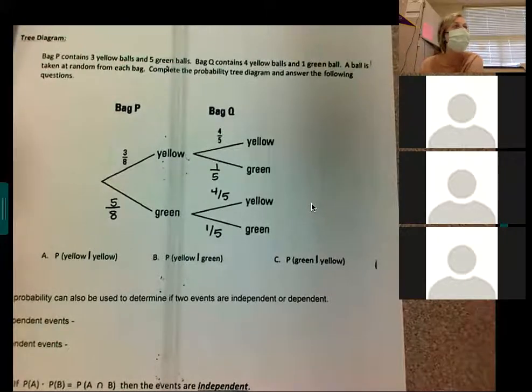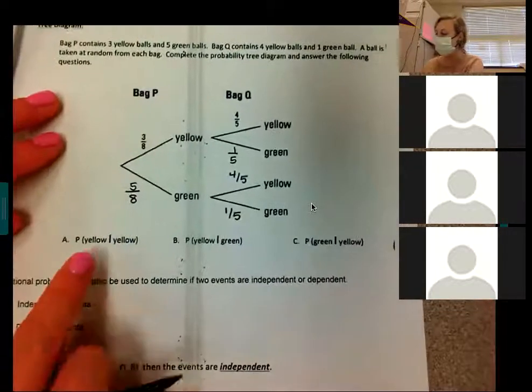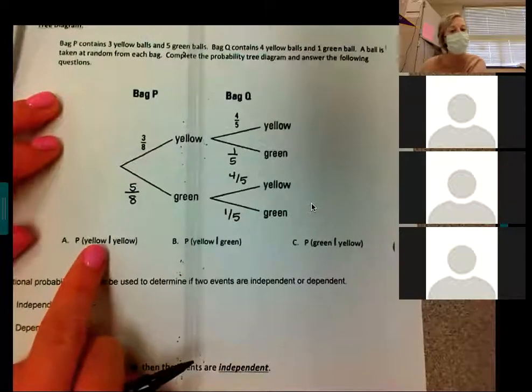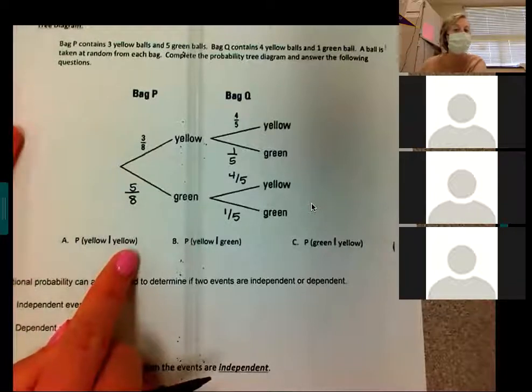So if it's represented by a tree diagram, what kind of events are these? Exclusive, very good. So what can we use to find our given probabilities? The formula. Is everybody with us? Yes? Okay. So if you want to find the probability that you draw a yellow, given you drew a yellow the first time, what's going to go in the denominator?